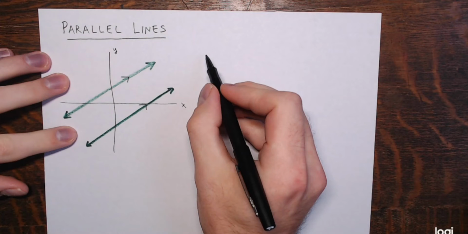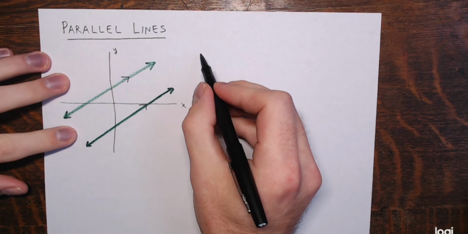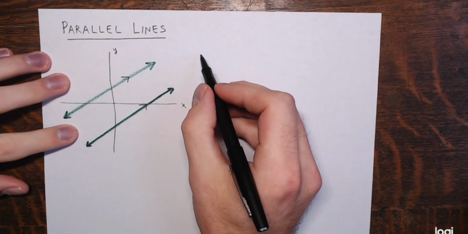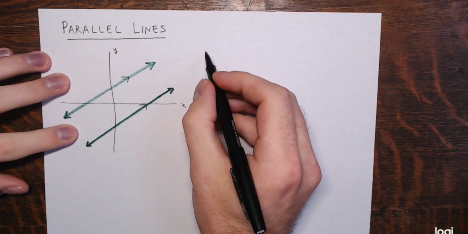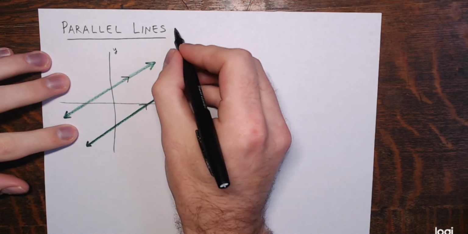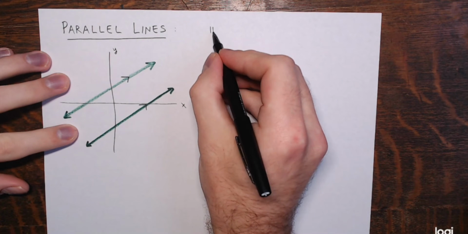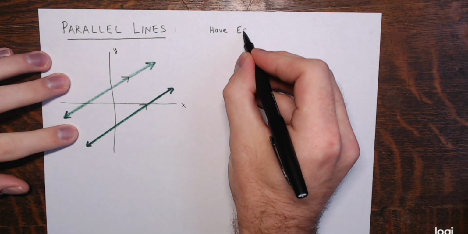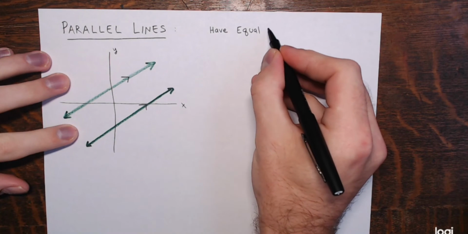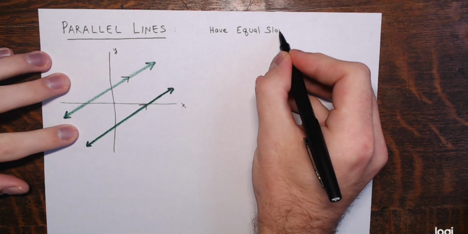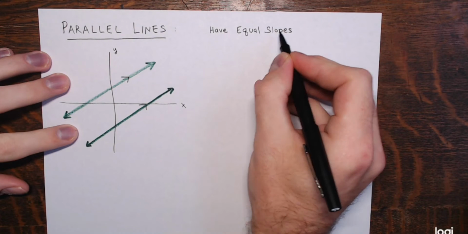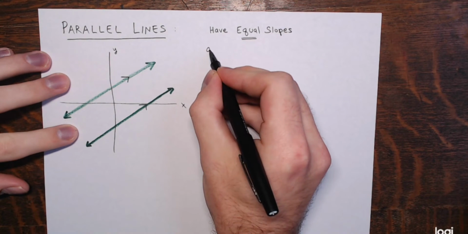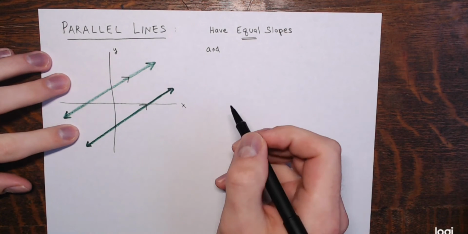But the thing you're going to need to know about parallel lines for this particular assignment is that parallel lines have the same slope, right? They have equal slopes and different y-intercepts.